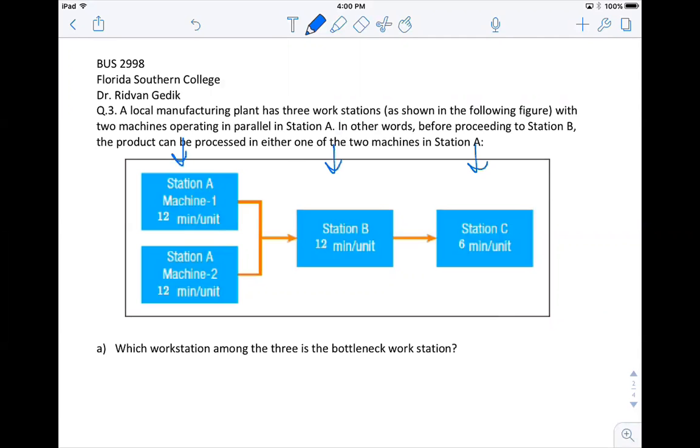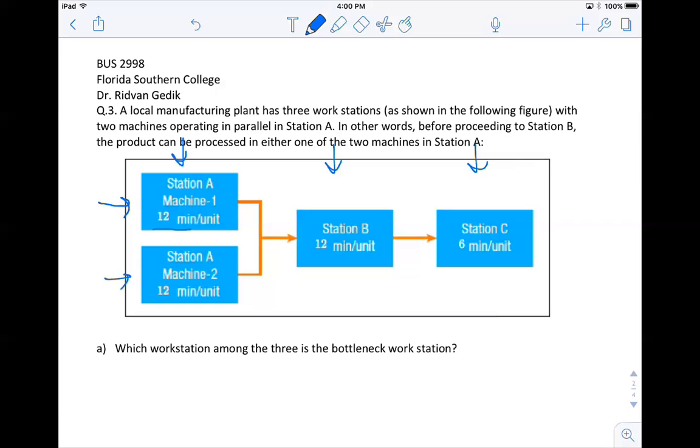In station A, we are given 2 parallel identical machines. In this machine, we can process a unit every 12 minutes. So the processing throughput rate on station A is 12 minutes per unit. And again, machine 2 is identical to machine 1. It is again 12 minutes per unit.